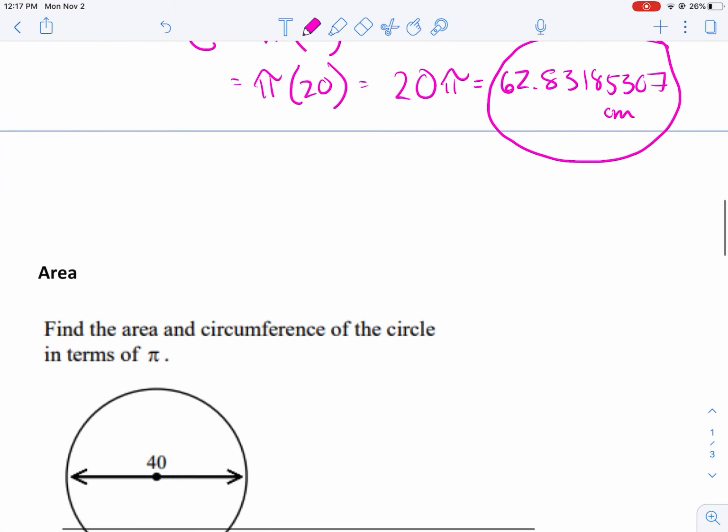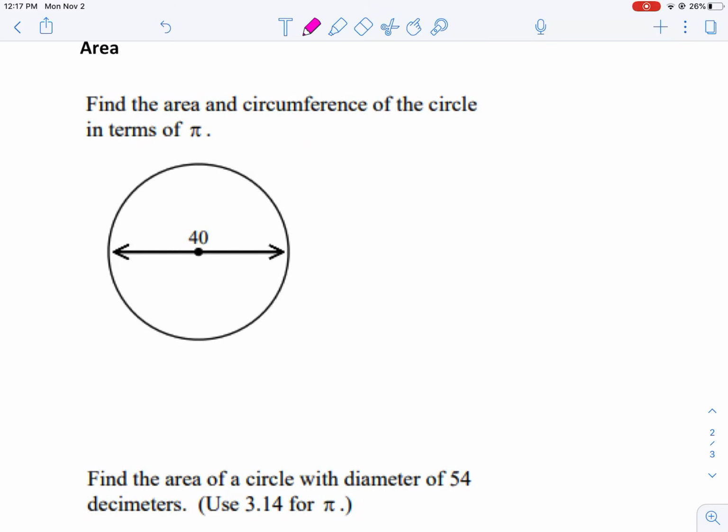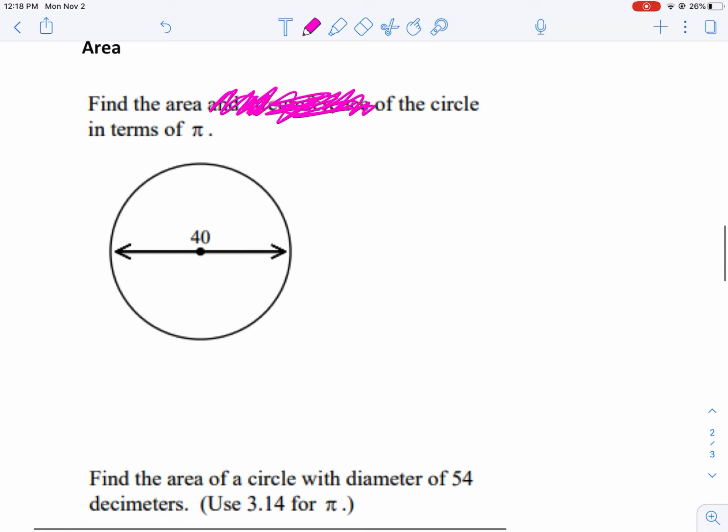Let's go down to area. So find the area, we'll just skip the circumference part. Just find the area of the circle in terms of pi. So area is equal to pi r squared, which means I'm going to take 40, chop it in two.